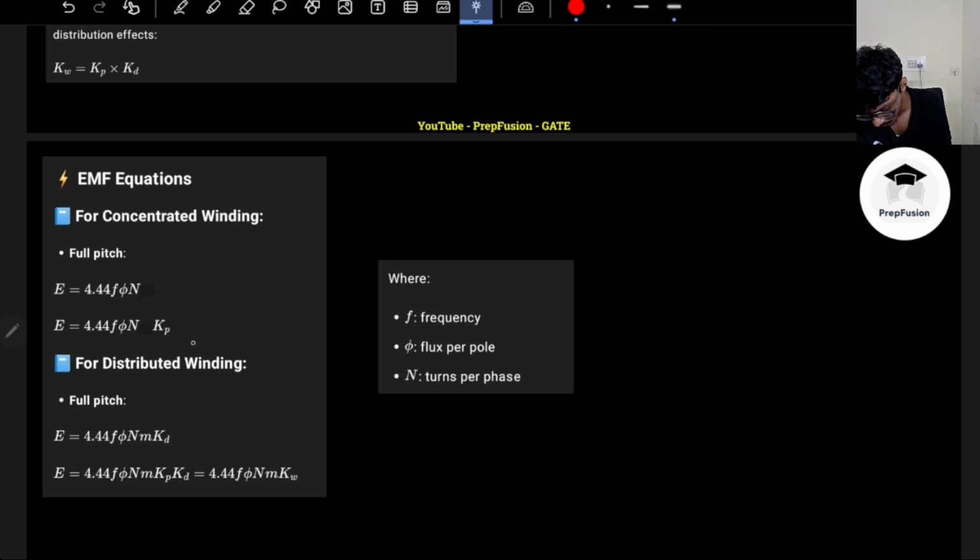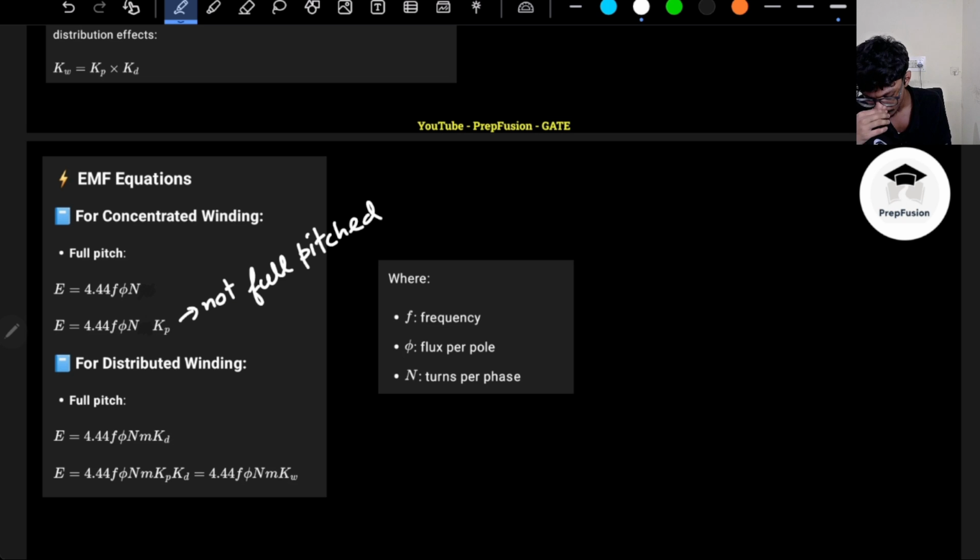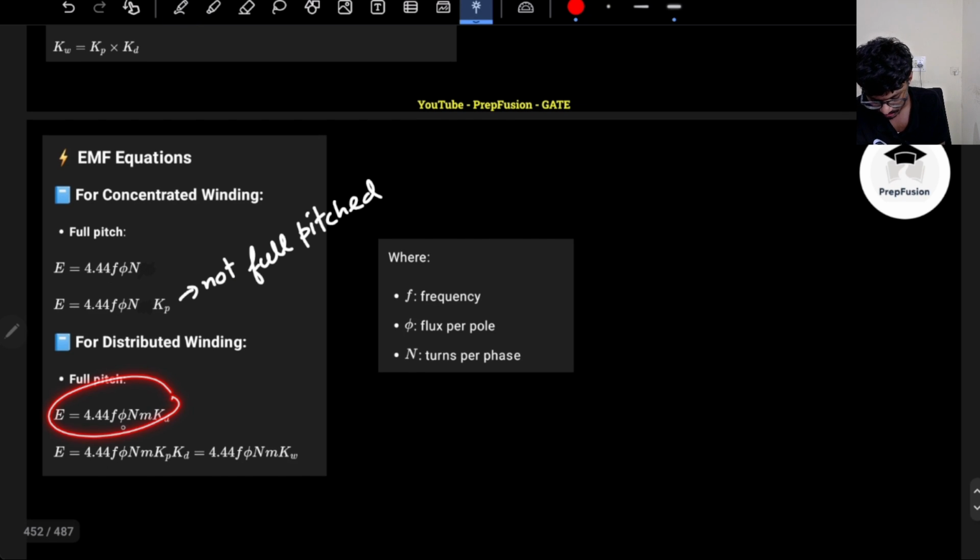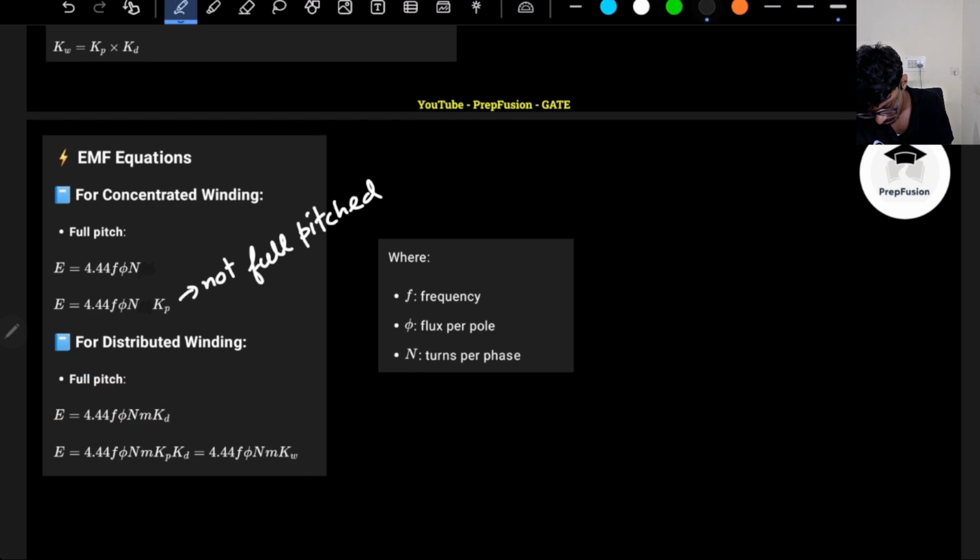Now if it is not full pitched, then this Kp will be there, right? For distributed winding, if it is full pitched, it will be 4.44 into N into Kd, the distribution constant, distribution factor.